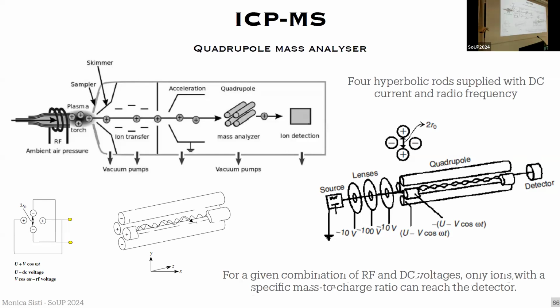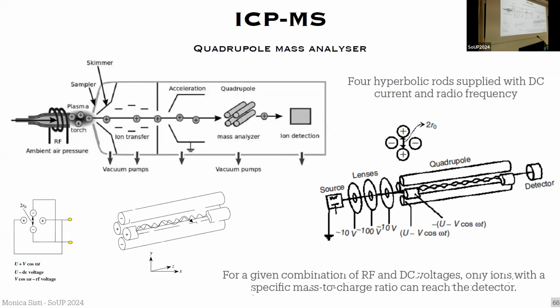Here, basically, you have 4 hyperbolic rods and an electromagnetic field that is constantly changed in order to let only the ions with the mass that you want pass through the rods, in the middle of the rods, without touching them.